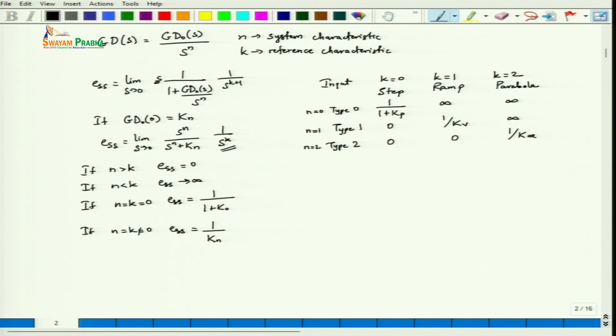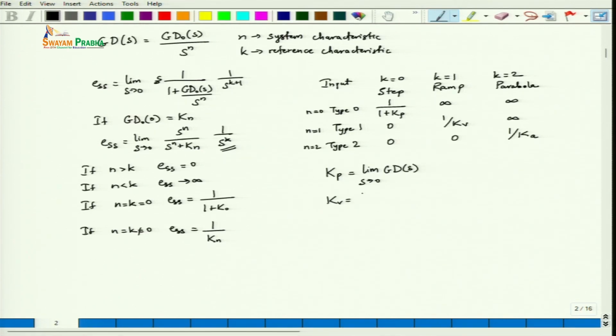Now these error constants kp, kv and ka can be defined in terms of our system. So kp is limit as s tends to 0 of g times d of s.